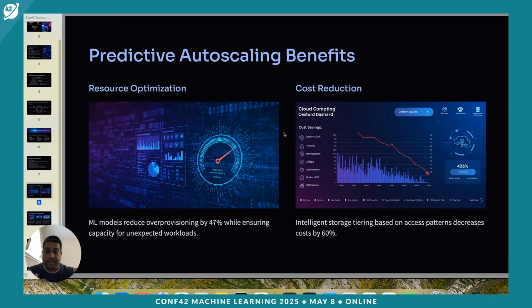Intelligent storage tiering based on access patterns decreases cost by 60%. So if there is no load on the servers, no workload, no prediction, downscale the infrastructure. That's what it means. It helps in reducing the overall cost.